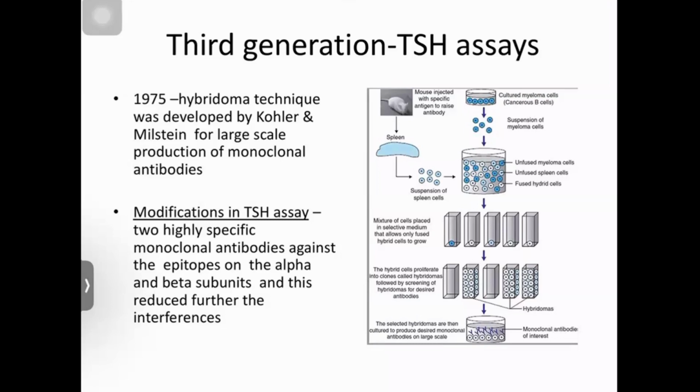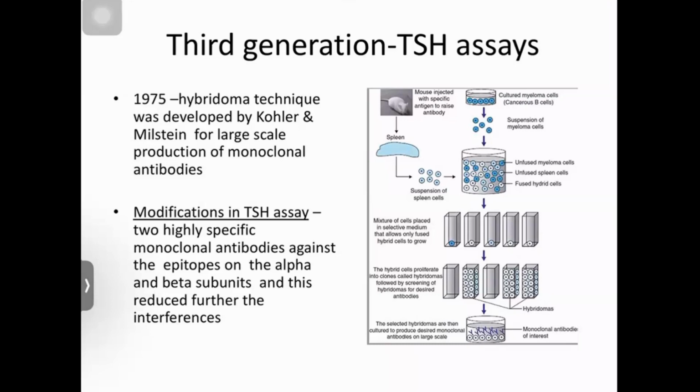The hybrid cells were grown in the culture. So you had the antibody producing cells from the spleen, and the fast growing tumor cells of the multiple myeloma patients. Both these factors help in producing a new cell which was dividing fast, and also producing more of the antibodies against the hormone.